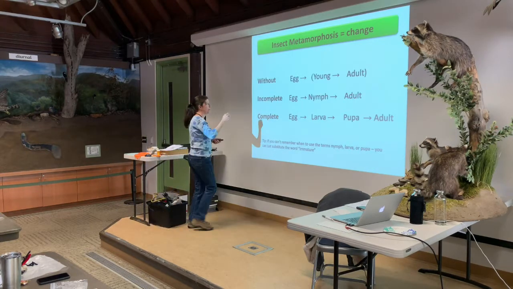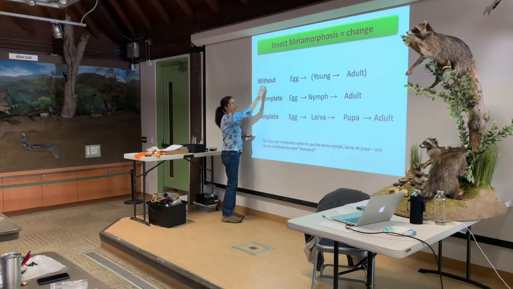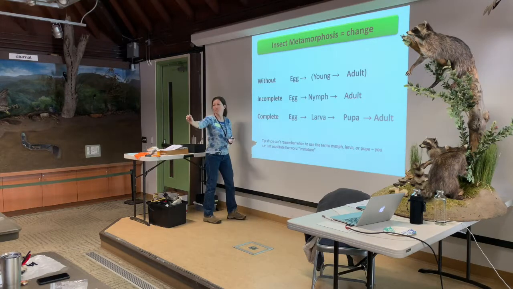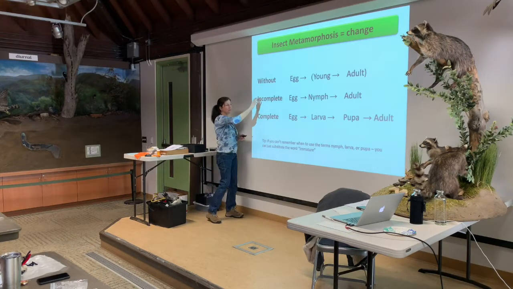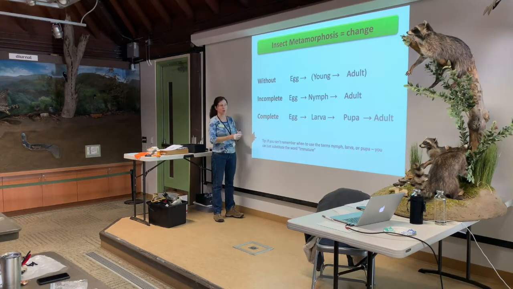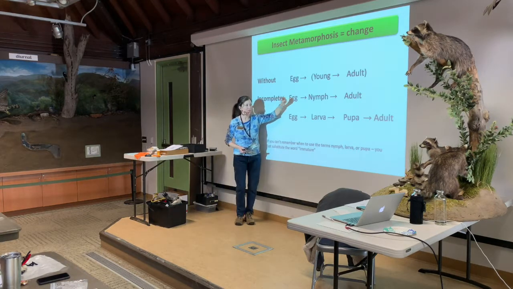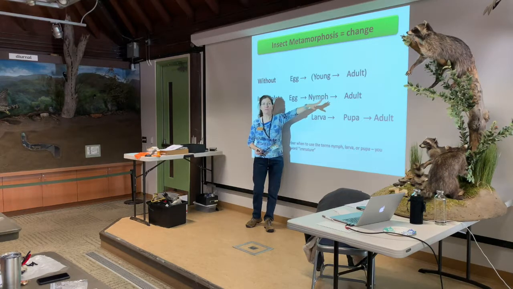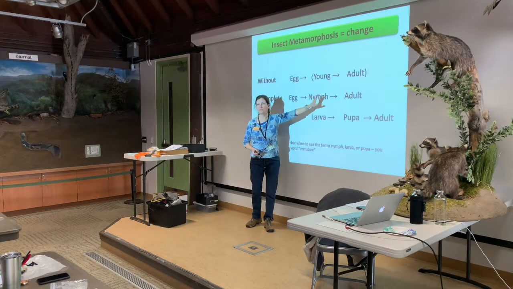Without metamorphosis, it's simply an egg, a young, and an adult, and the young looks just like the adult in miniature. Incomplete metamorphosis, they start out the same as an egg. They have a juvenile stage that we call a nymph, and then they become an adult. And there's a slight change in how they look between their nymph and their adult phase.